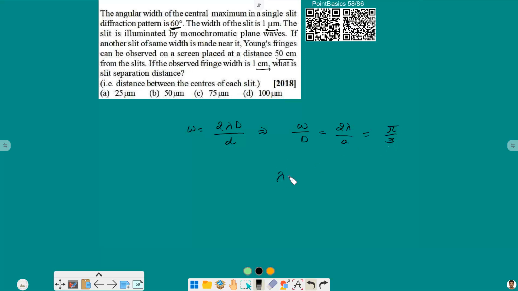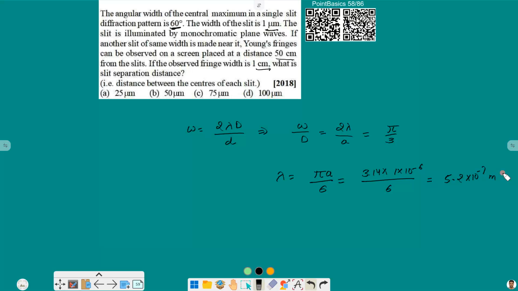So from this, lambda comes out to be pi times a divided by 6. Now this will be 3.14 into a, that is 1 micrometer, divided by 6. From this, lambda comes out to be 5.2 into 10 raised to power minus 7 meter.